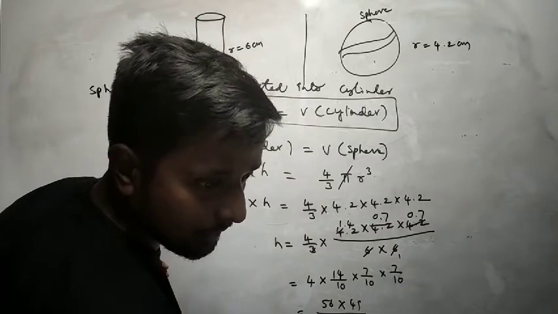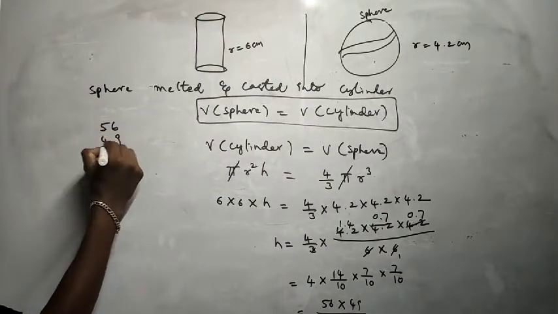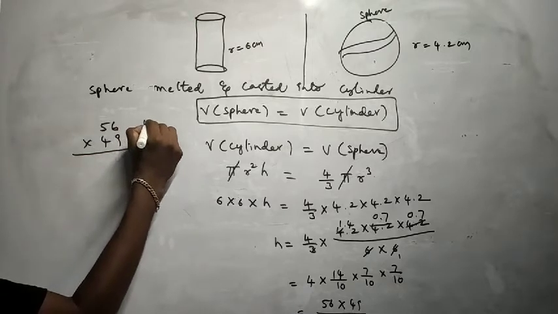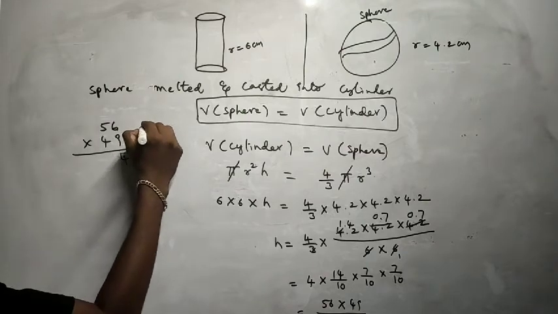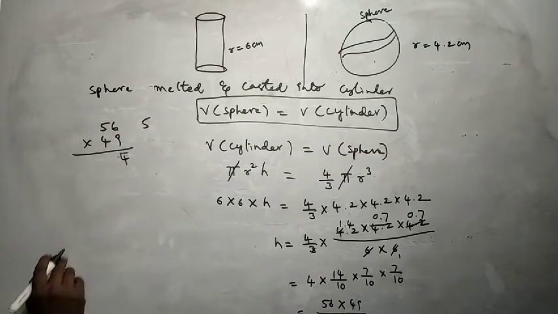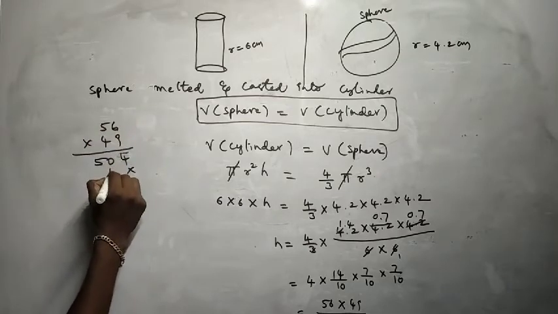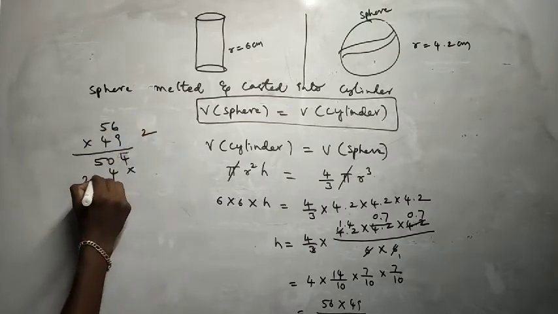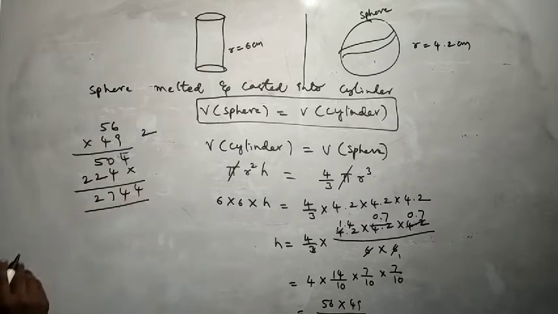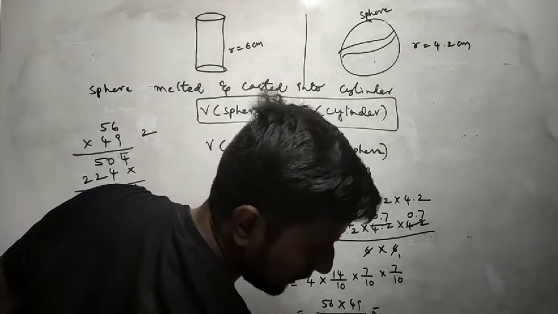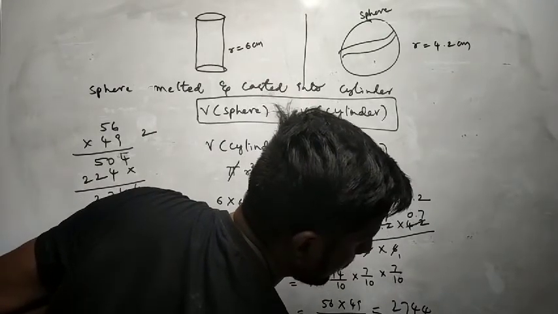Am I right? So we'll write it as 56, 49. 9 6s are 54, 5 carry. Oh sorry, 4, 5 carry. 5 9s are 45 plus 5, 50. Next 4 6s are 24, 2 carry. 20 plus 2, 22. So 2744. Right? Simply we'll write 2744 by 1000.